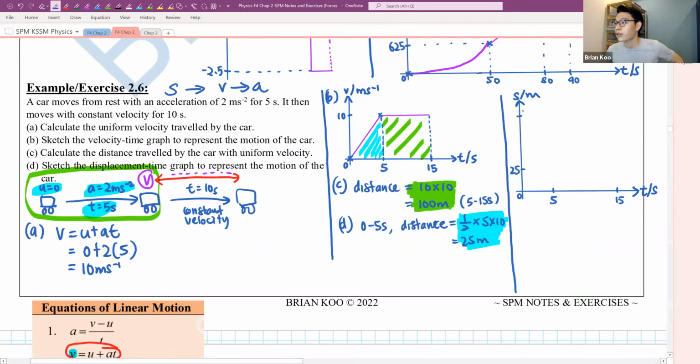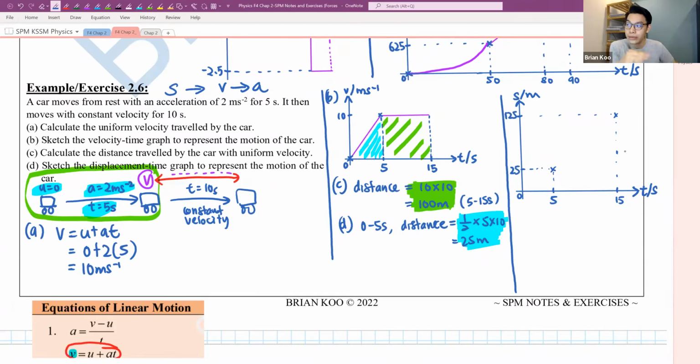So it's going to be 125 then. So this value is here, and this one is here. So our question is how to connect them together, right?